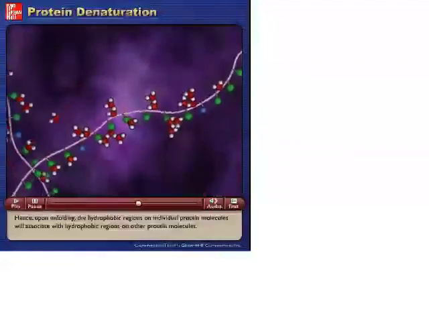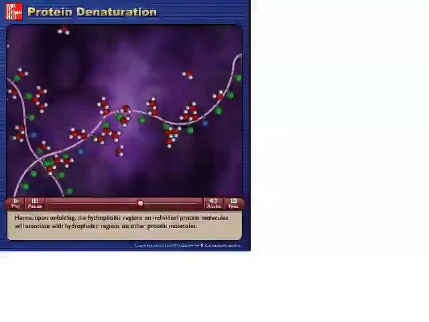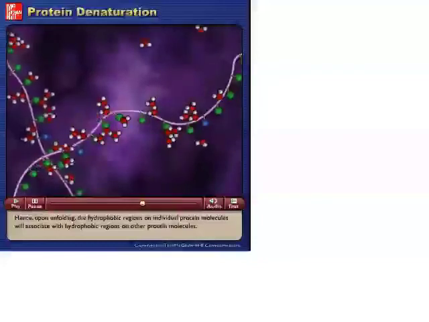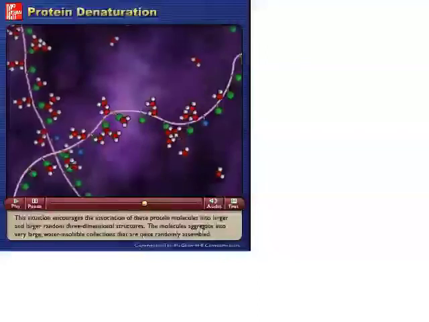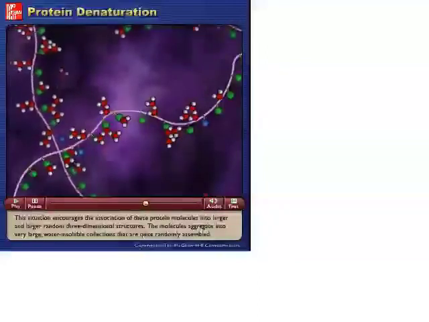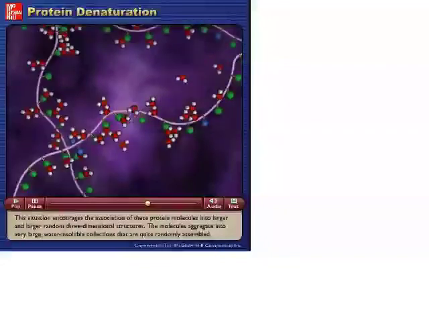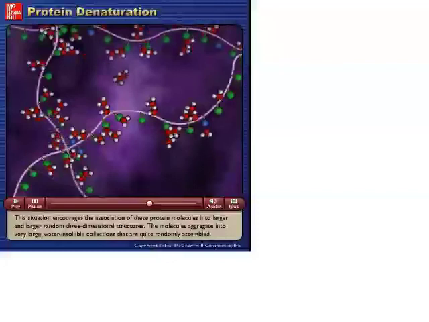Hence, upon unfolding, the hydrophobic regions on individual protein molecules will associate with hydrophobic regions on other protein molecules. This situation encourages the association of these protein molecules into larger and larger random three-dimensional structures. The molecules aggregate into very large water-insoluble collections that are quite randomly assembled.